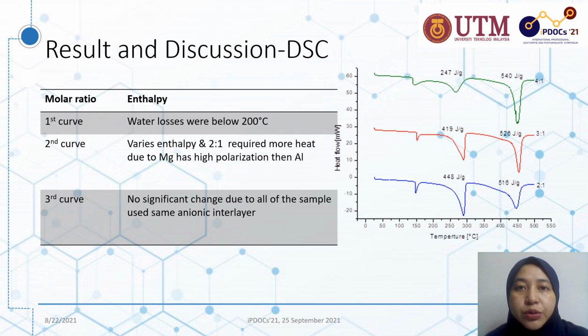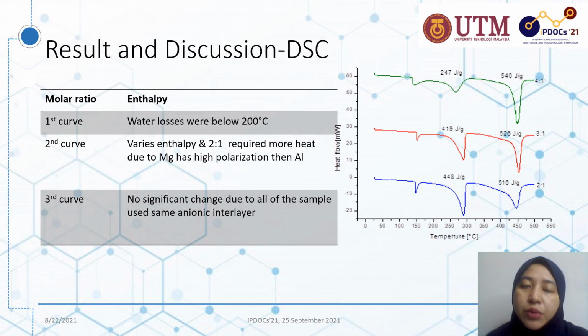The DSC curve shows three curves. First is obviously loss of water. The next curve shows a tighter and stronger bond, thus it is harder to release the OH from the magnesium and aluminium. The formation of oxide and anion decomposition needs more heat to break down.